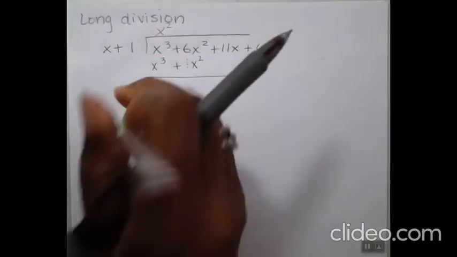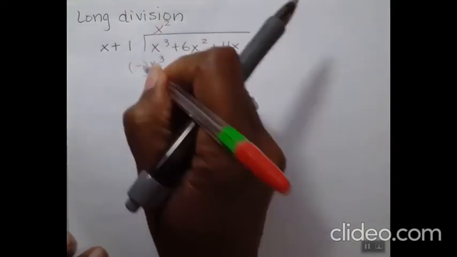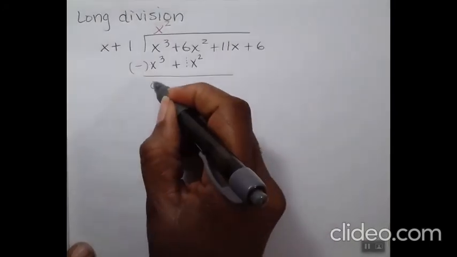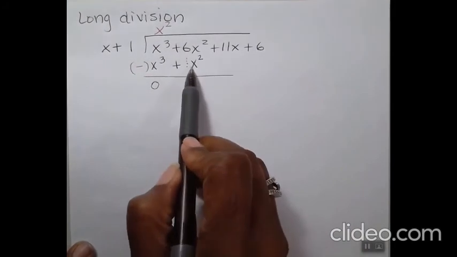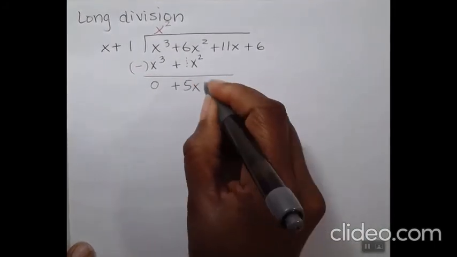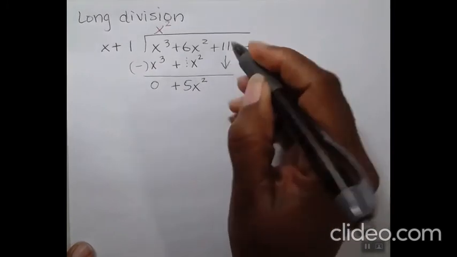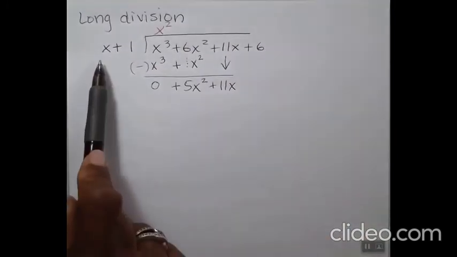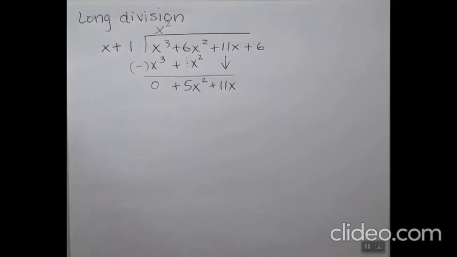We are subtracting these just like we would in long division. x cubed minus x cubed is 0. 6x squared minus x squared is 5x squared. We bring down our plus 11x. Now we say, how many times does x go into 5x squared?